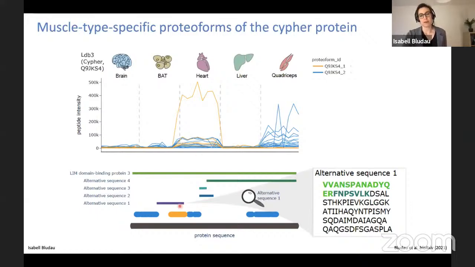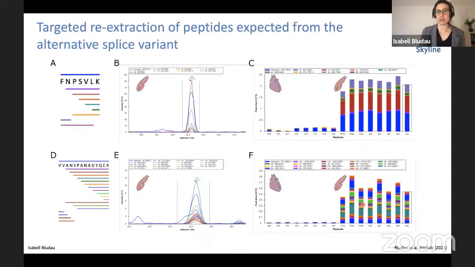If we now map these peptides back to the protein sequence, we could see they actually span a known alternative sequence region. So what we did is, again, look at what is the alternative splice variant of the protein in this region. And we performed a targeted extraction in Skyline and could actually detect peptides in this alternative sequence region. And these peptides were actually then skeletal muscle specific.